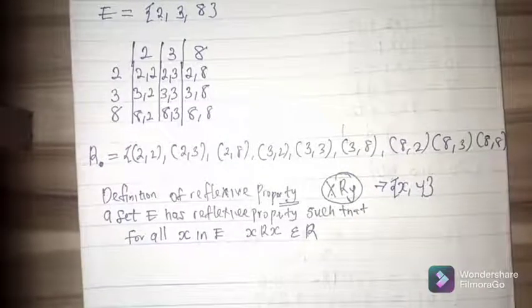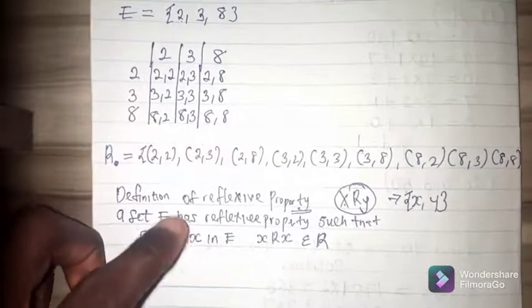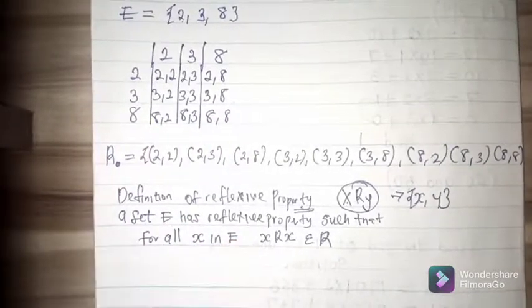Now, the reflexive property simply means a set E has a reflexive property such that for all x in E, x is related to x is a member of the relation.